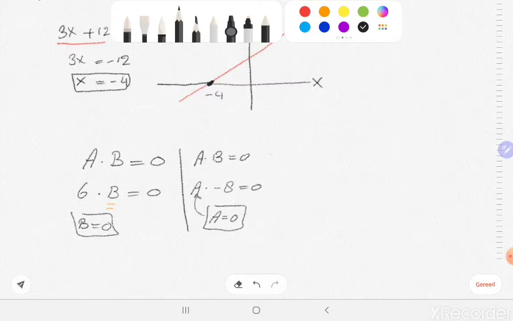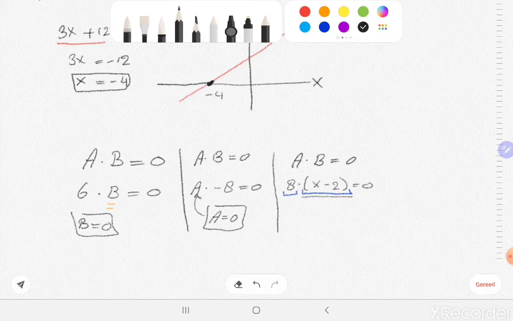Let me make it a bit harder. Look again at a times b is 0. We're going to fill in for a, for example, 8, and for b, x minus 2, so 8 multiplied with x minus 2 is equal to 0. In that case, we need to make that x minus 2 part 0.